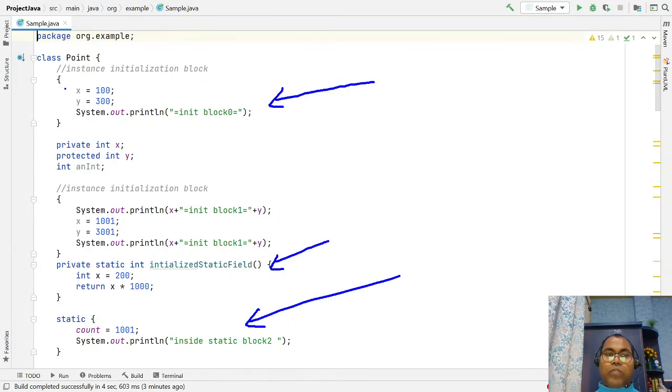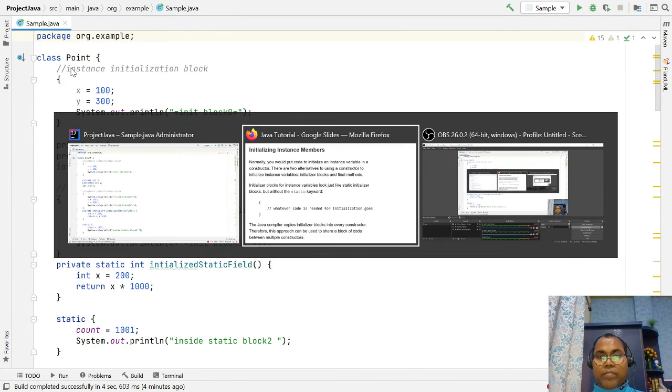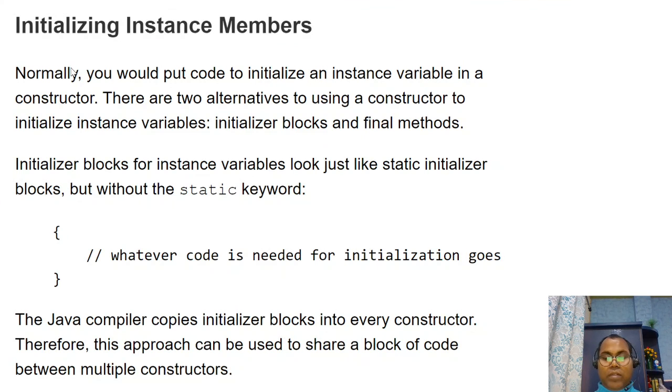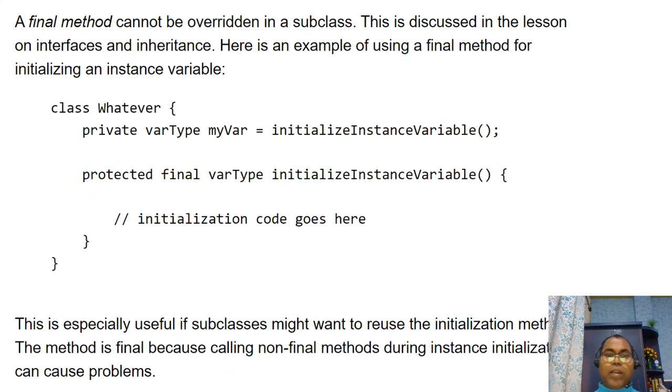Similarly, for your instance variable, you can use an instance initialization block, or you can use the constructor, and you can use multiple initialization blocks, and the initialization blocks are executed in the order in which they are created. And similarly, like a static variable, a final method cannot be overridden in a subclass.